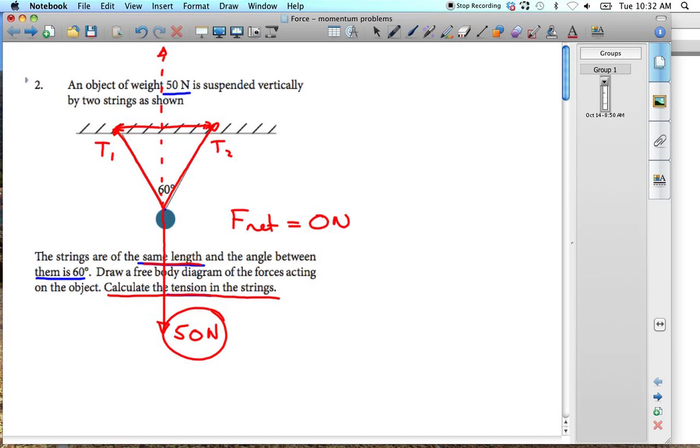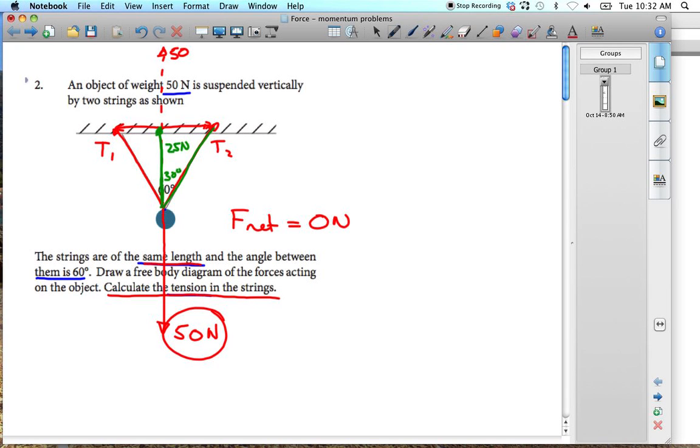Now, because this is 50 newtons, the vertical force by each string would be 25 newtons, like that. And so by the symmetry, this must be 30 degrees, and so I can use trigonometry just to work out this length over here.